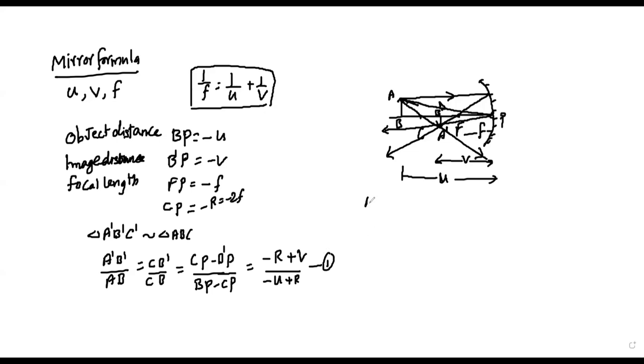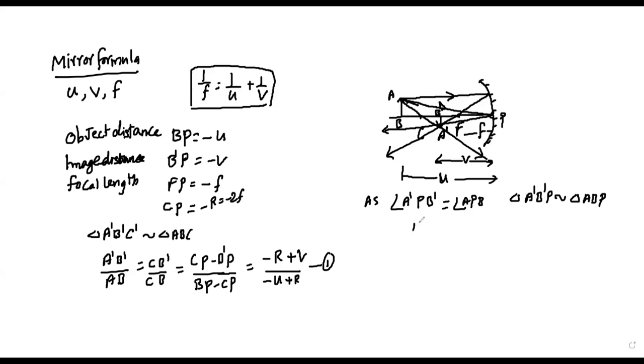Now, as angle A dash P B dash is equal to angle APB, triangle A dash B dash P is similar to triangle ABP.